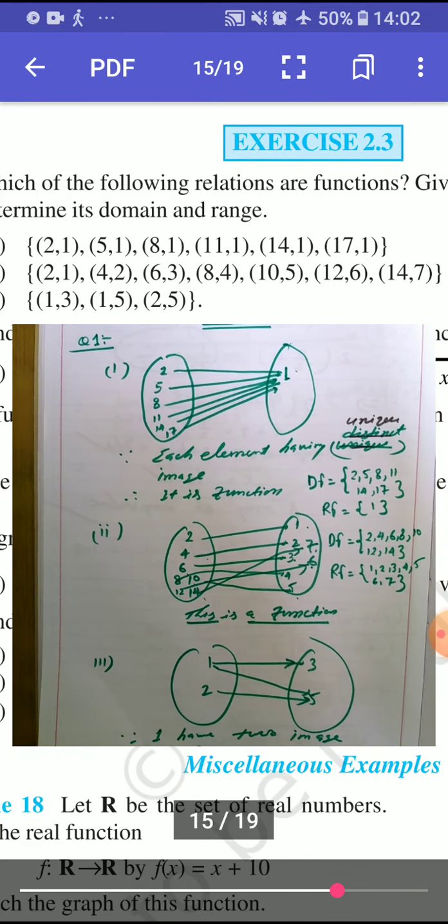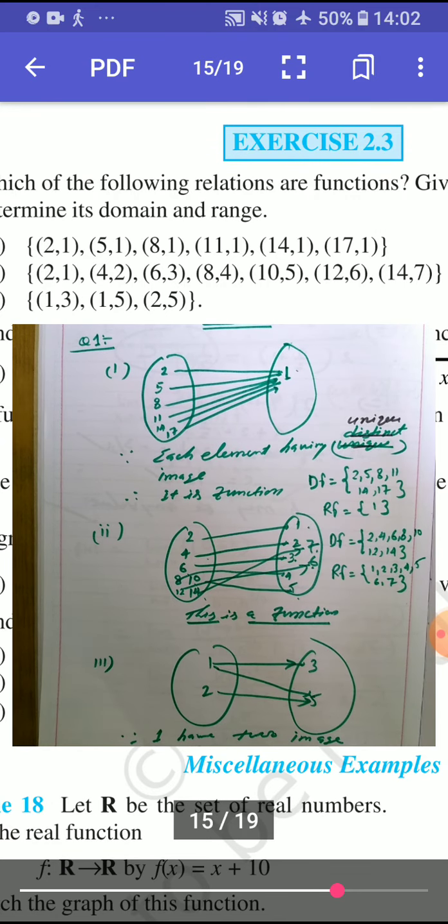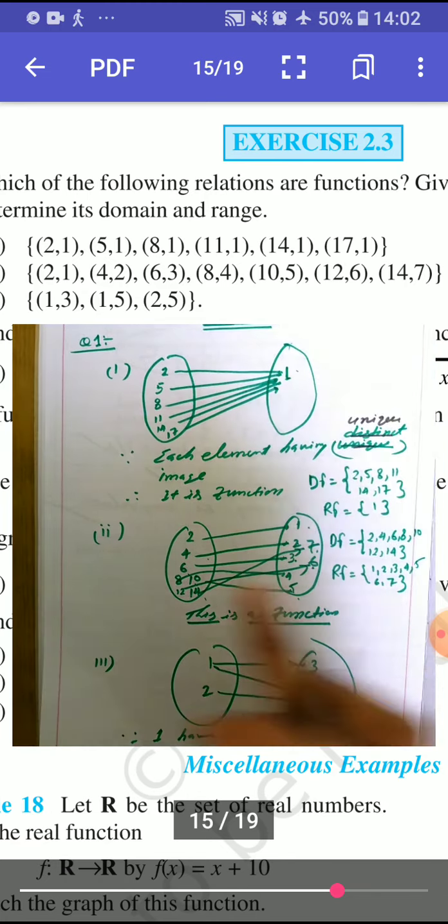That means 2 has image 1, 5 has image 1, 8 has image 1, 11 has image 1, 14 has image 1 and 17 has image 1. So each element has a unique image. 2 has only one image, which is 1, not any other beyond the 1, right?